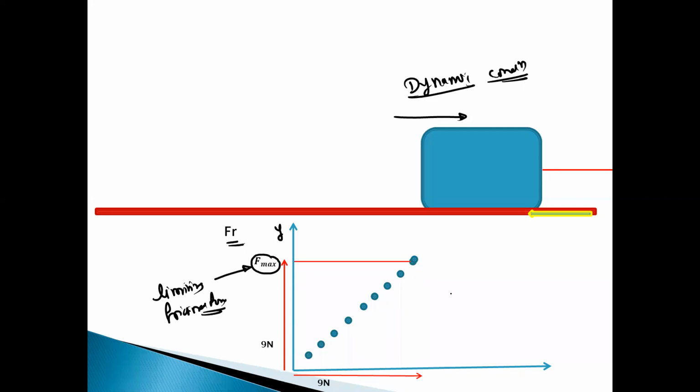Now what will happen if you continuously increase the external force? Right now we have applied 9.1, after that 9.2, 10, 11, 12. For all these values, the object will be in the dynamic state only. That means it is completely moving. Increasing the force will increase the acceleration as per Newton's second law, F is equal to mass into acceleration.